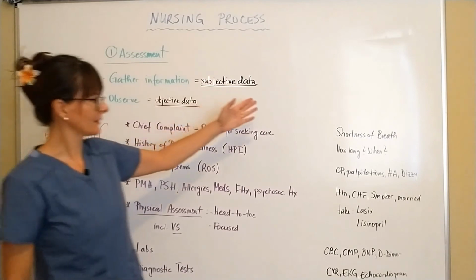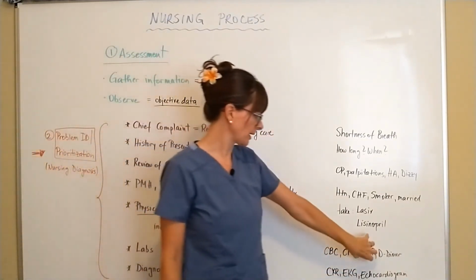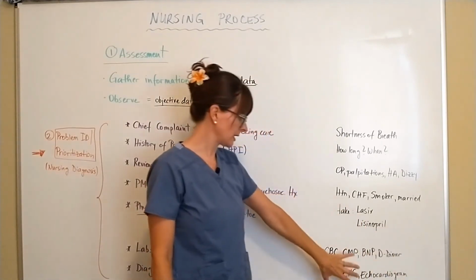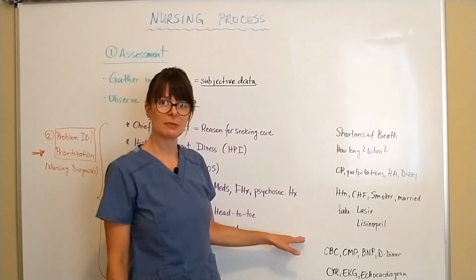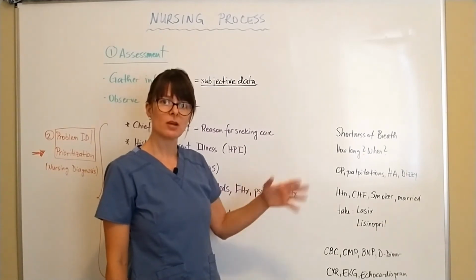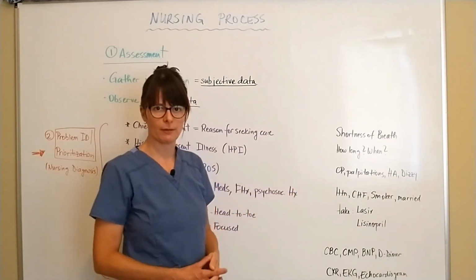Because if we don't gather all this data during the assessment phase, we might not think to check a BNP or a D-dimer or an EKG, and then we're going to miss an important part of the assessment data, and then we're going to miss identifying a problem that the patient might have, and they will not get better.